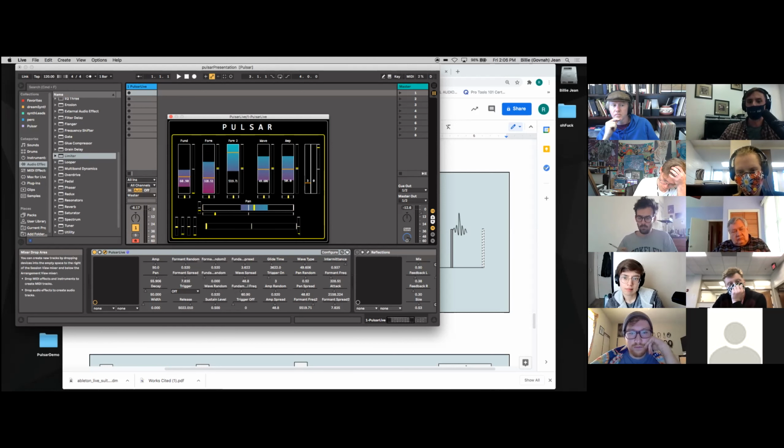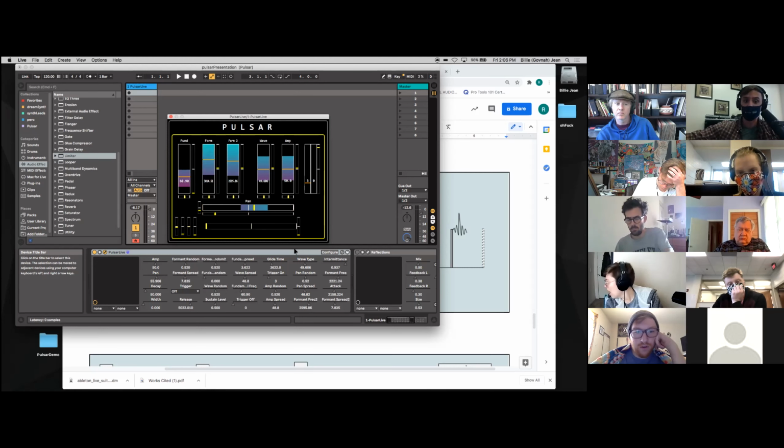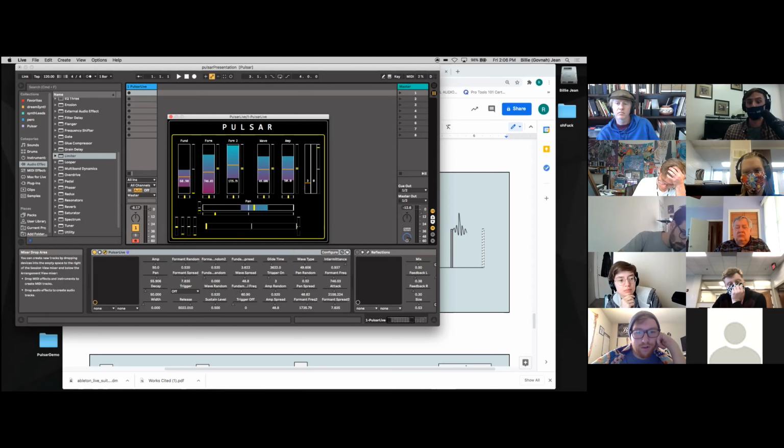Obviously, it's not as hands-on, but in performance, I realized that this glide time really does take the role of an envelope. And then, obviously, the direction that it moves in is according to my gestures. But using the glide pattern, especially when it's pretty long, is a lot like a trajectory that you'd get from an envelope. So I've been thinking of ways to incorporate at least two or three different glide times, because right now it's global, and just for the frequencies.